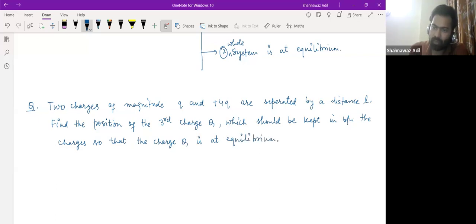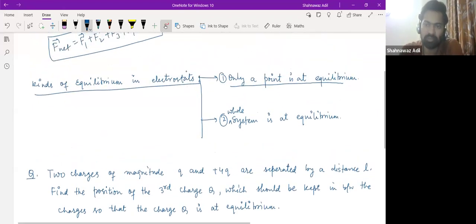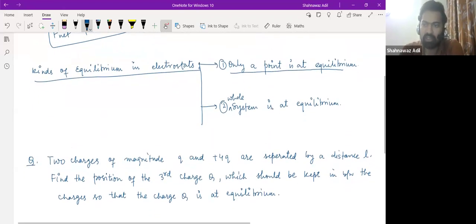So there are two charges, and we place another charge, a third charge Q, and we have to find at what position we have to place this charge so that it is at equilibrium, right? That is the question. So in this one, what is the case that we are applying?